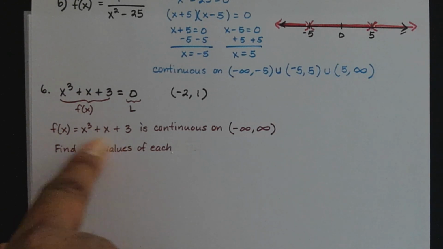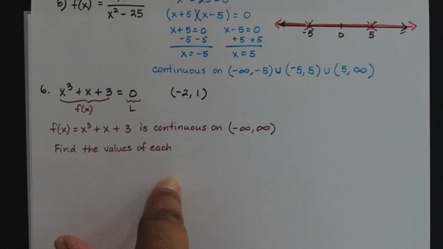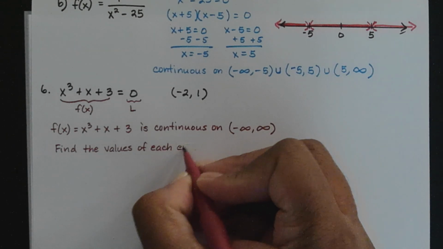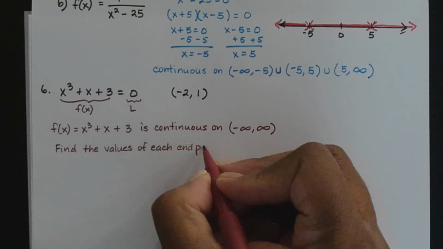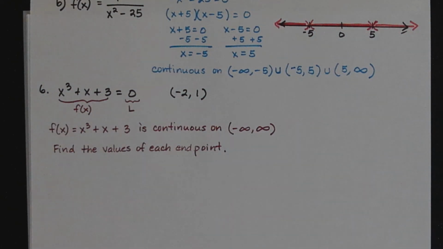You're not going to find a variable in a denominator. And usually with a polynomial function, it has no restrictions on it.